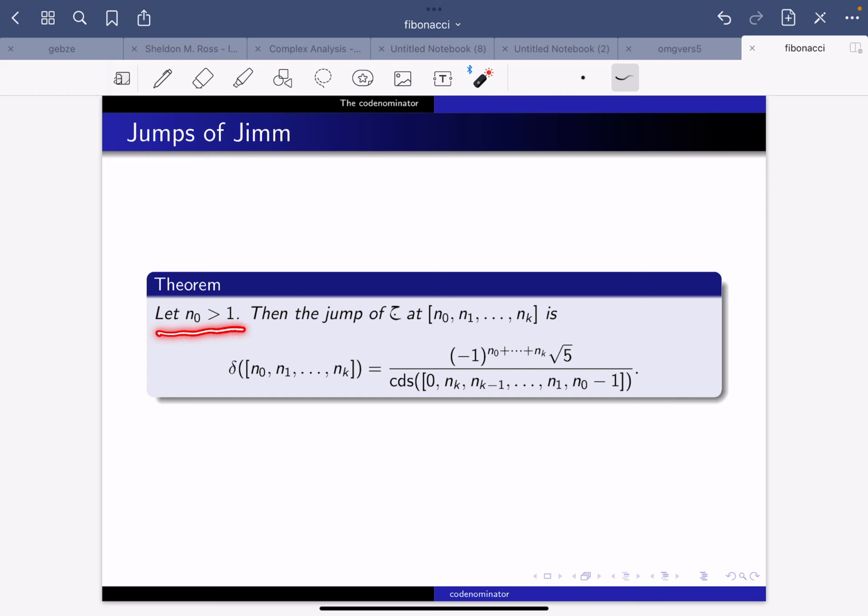If x is greater than 1, and we can compute this for other values of x as well, but in the specific case, the jump of Jimm at this continued fraction is minus 1 to the power n0 plus nk times square root of 5 divided by the codiscriminant of the reverse of this number. So we reverse this number and we take the codiscriminant and we get the jump of the function Jimm at that point.